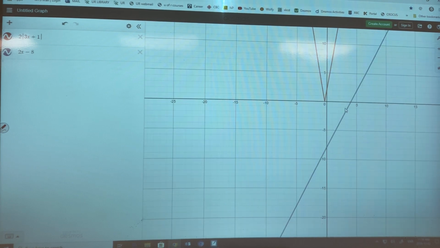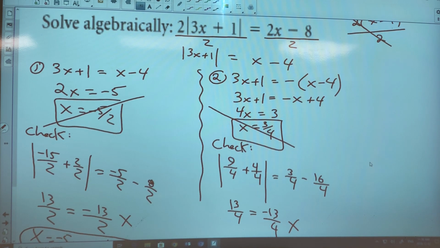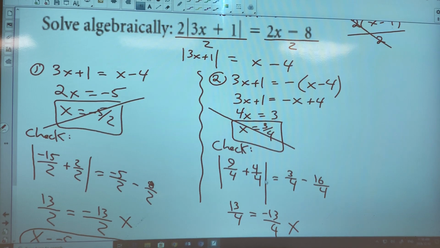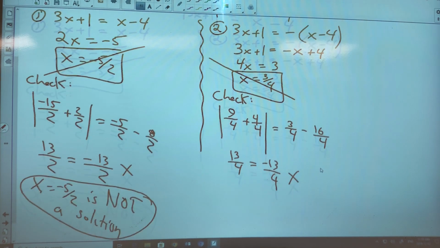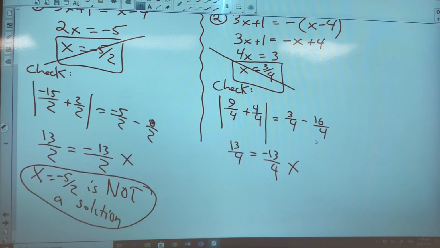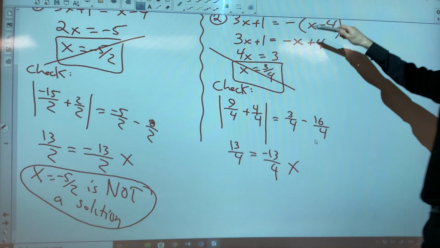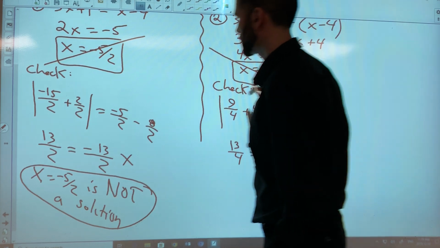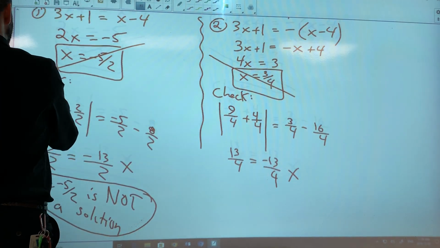Hello? Someone said, Can I see your notes? My notes? Yeah. Shouldn't it be plus 6 over 3 or plus 6? Which side are you on this one? Over here? Negative x plus 4. Oh, I suppose so. Did I make a mistake on my check?